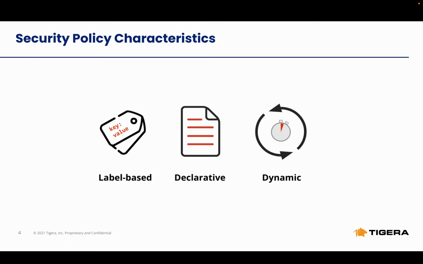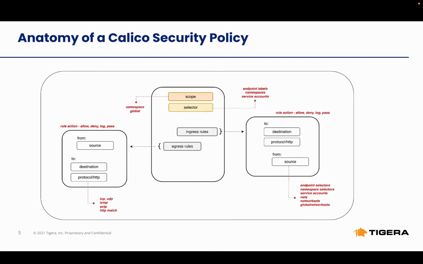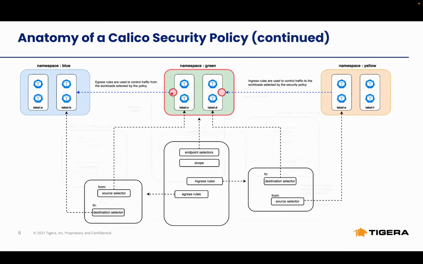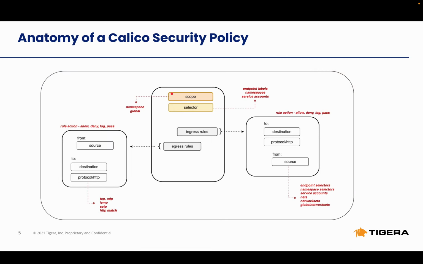All right. Now let's look at the anatomy of a Calico network policy. We first start off by defining the scope of a policy. Calico has two types of policies. We have namespace scope policies, which are referred to as network policies, and policies with a global scope, which are referred to as global network policies.